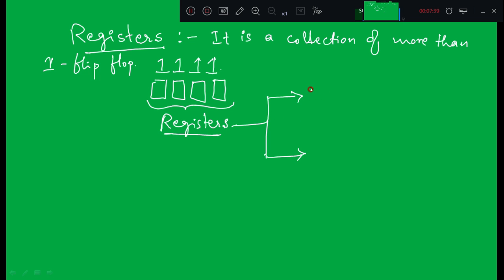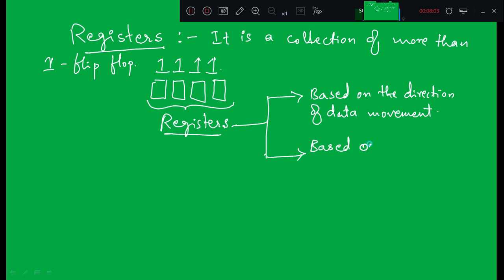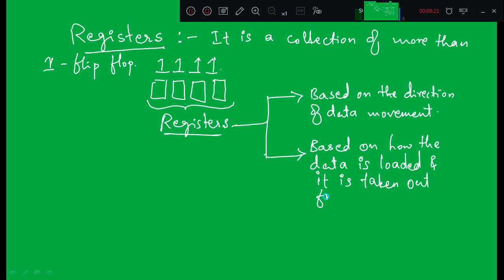One is based on the direction of data movement, and the second one is based on how the data is loaded and taken out from the registers.